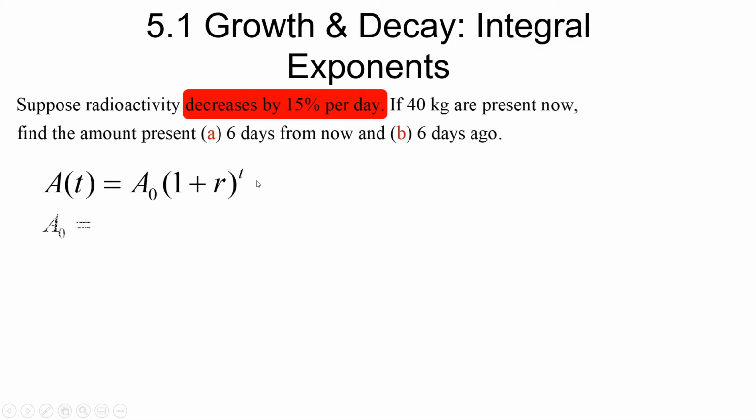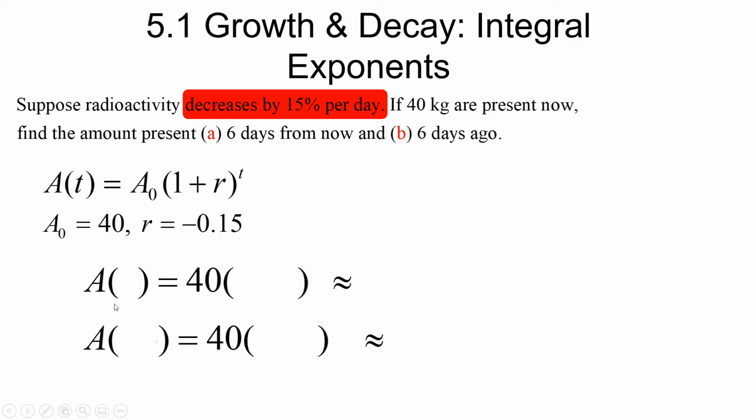Keep it simple. So A sub 0 in this problem, what do we start with? 40 kilograms of radioactivity. And what is our growth rate? It is decreasing by 15%, so that'd be -0.15. Now, let's just plug those into our exponential model right here, and then use our calculator to answer these questions.